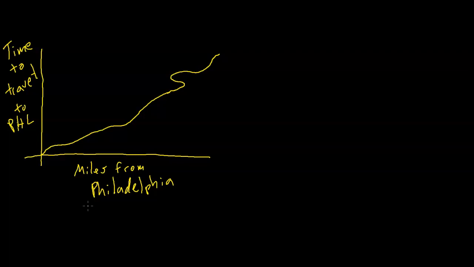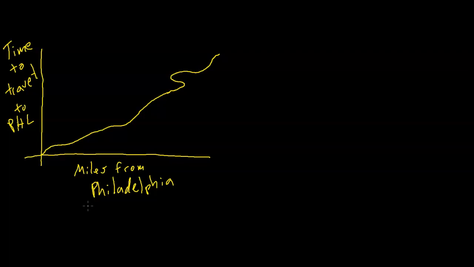And as usual, miles from Philadelphia would be the input, time to travel to Philadelphia would be the output. So the axes are labeled correctly, and it looks like he has a smooth curve. So it is a continuous graph as we would expect.